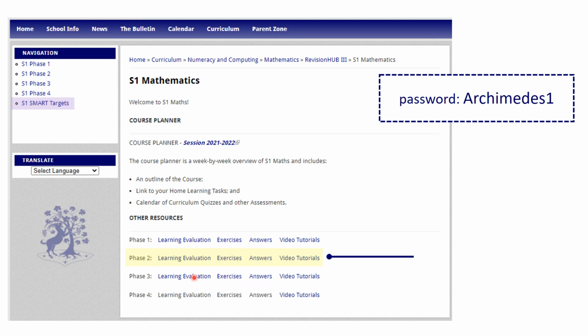We have practice exercises, answers, and some shorter video tutorials than this. We also have the S1 Smart Targets tab here, which offers bronze, silver, and gold level videos, which have built-in practice exercises for pupils. Those videos won't use the algebra tiles, but of course the end result should be the same.